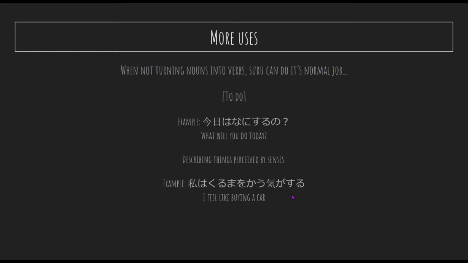In this sentence, kuruma, which you should already know, means car, and kau is the verb meaning to buy. So ki ga suru here helps you convey the feeling that you want to buy a car, even though you don't really know why you feel like buying it. You just have that feeling.